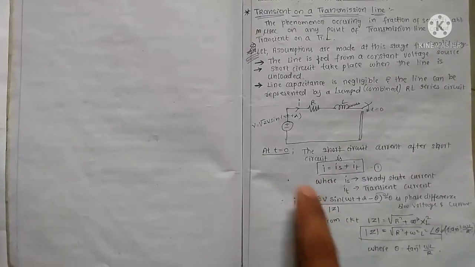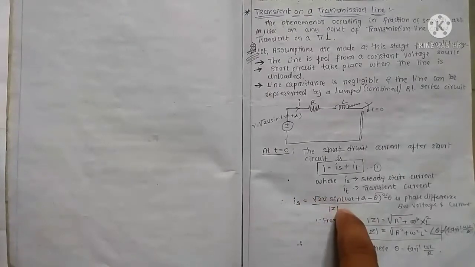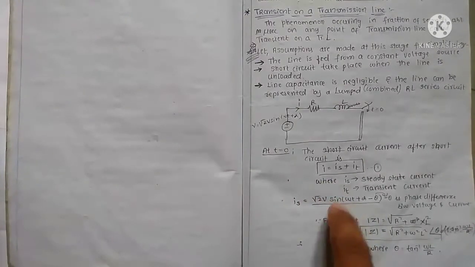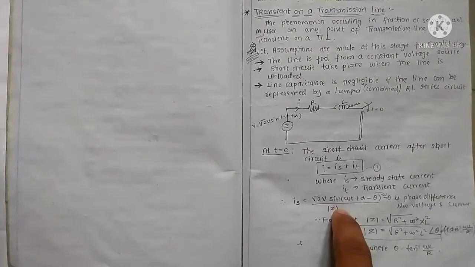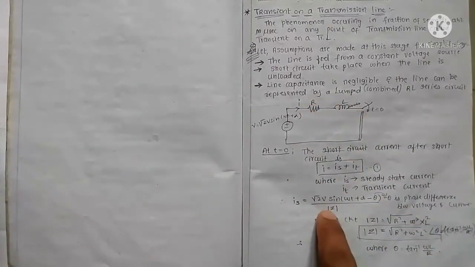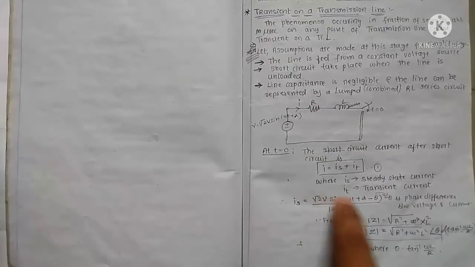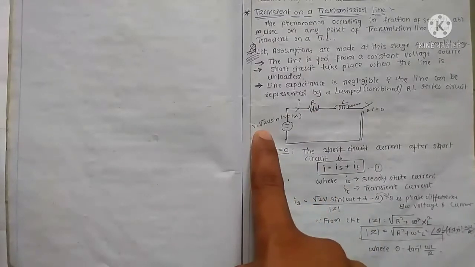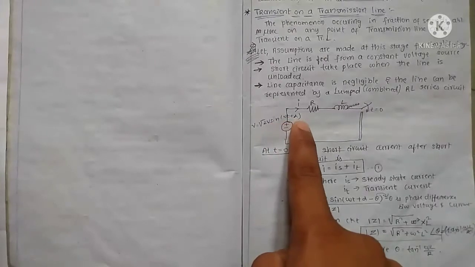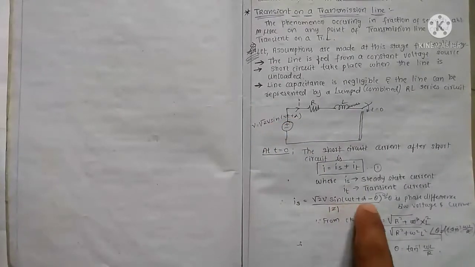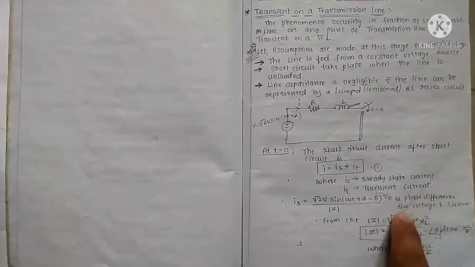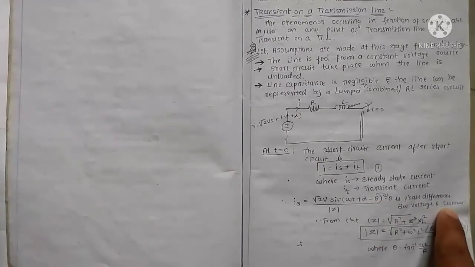Is is equal to voltage over impedance. Generally, I is V by R, right? Voltage divided by R, where R means resistance or impedance, whatever it may be. Here we write the magnitude of impedance, and for voltage we write root 2 V sine of omega t plus phi. Omega t minus theta is the phase difference between voltage and current.